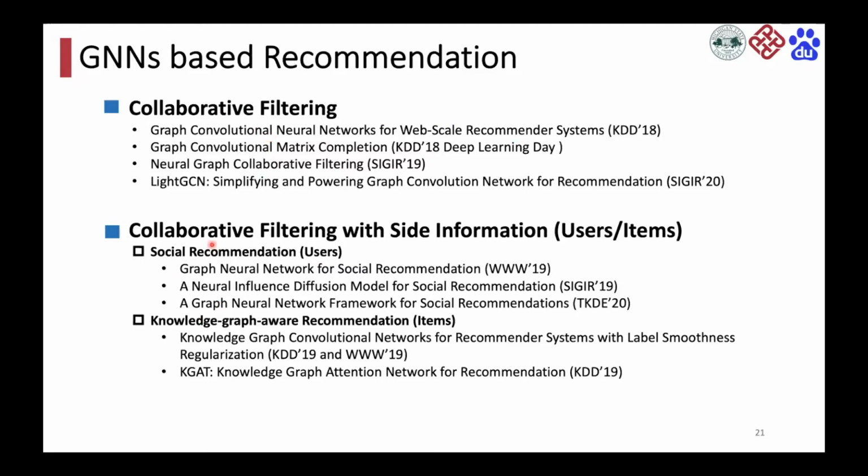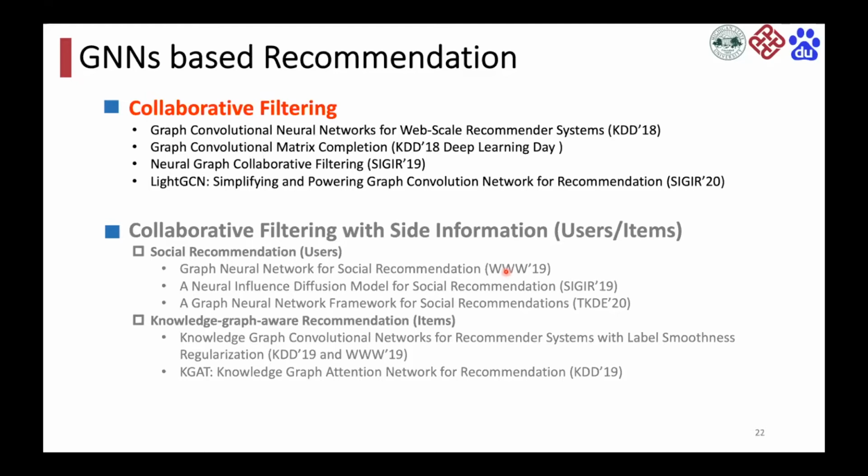The other two are graph neural network-based recommender systems with some side information enhanced. This side information can be the social network, which we call social recommendation, which can use the social relations to help learn the user embedding, or the item's knowledge information, which can enhance the item embedding learning.